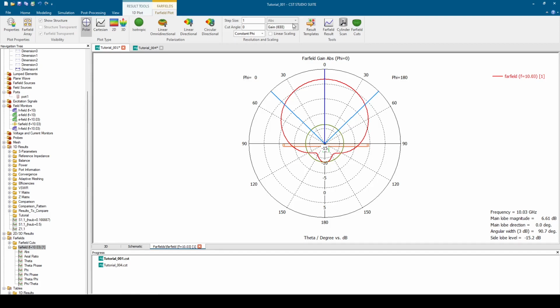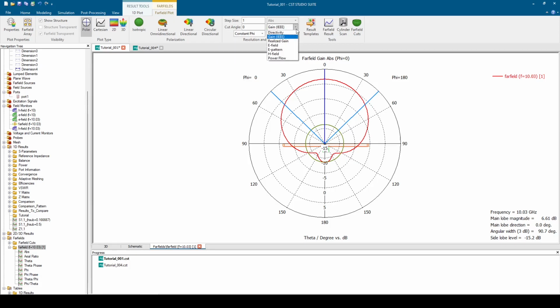And then the realized gain is basically the amount considering even the matching. So for example, supposedly if you have this gain and you have an antenna with minus 10 dB and minus 6, they will have the same gain. But if you do the realized gain, it will not be the same. The realized gain will be exactly like the gain if the matching is very good, like minus 20 dB or something.